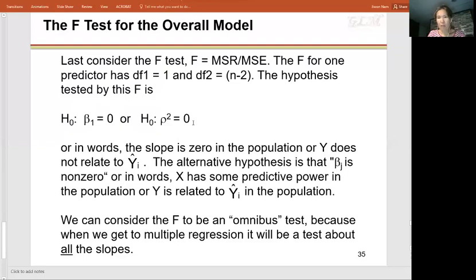But since we have only one single predictor, these two are the same. For the model test, we use the F-test. For the slope test, we use the t-test. The F-test is the omnibus test, or overall test, and the beta 1 test is a single slope test.